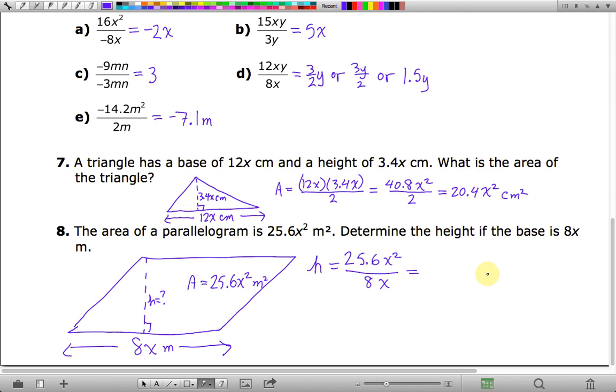So first of all, the 25.6 divided by 8 is equal to 3.2, and x squared divided by x is simply x. The units for measuring the length of the height would be in meters.